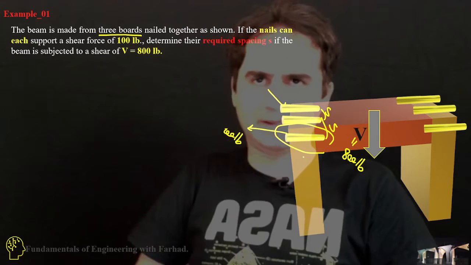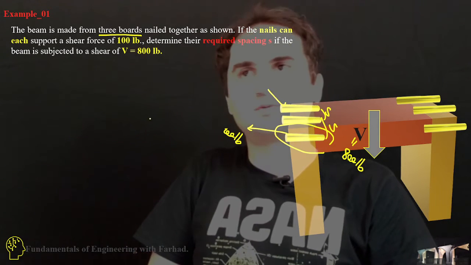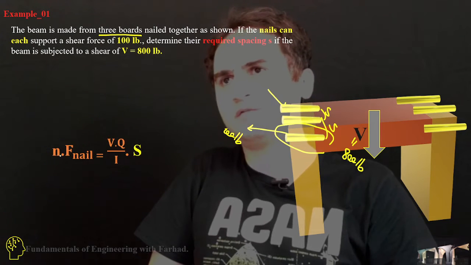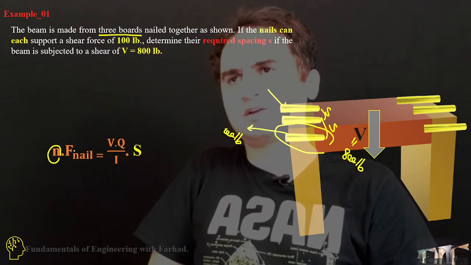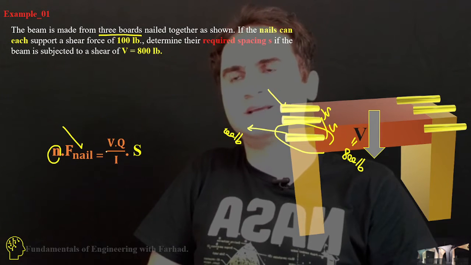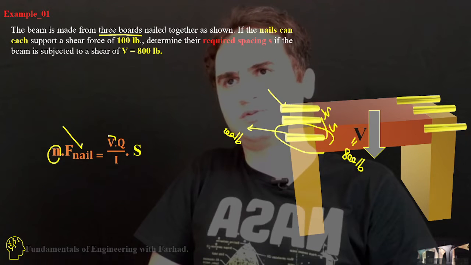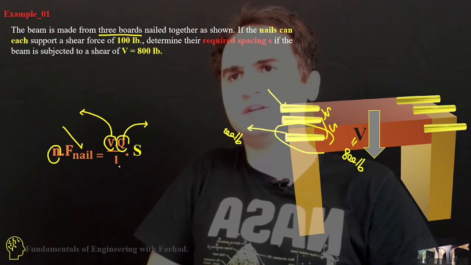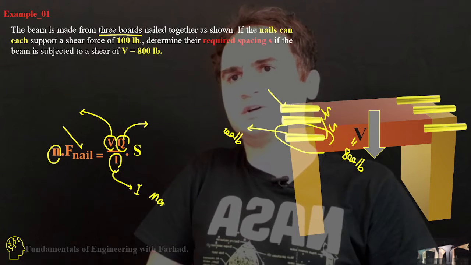So let's approach this problem. The equation for this kind of problem is the number of nails times the force of the nails, and that is equal to shear force times the first moment of the area over the moment of inertia.